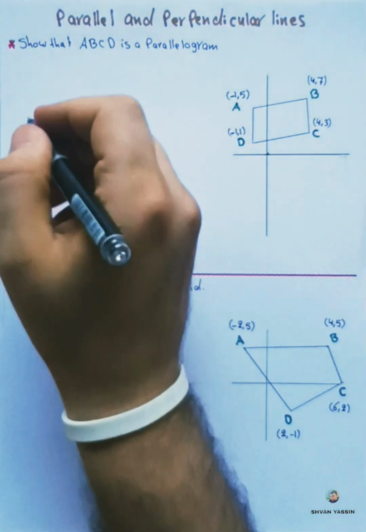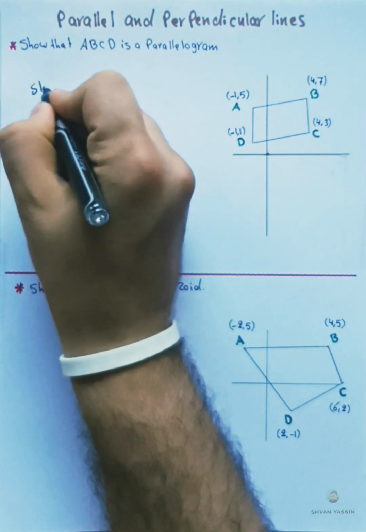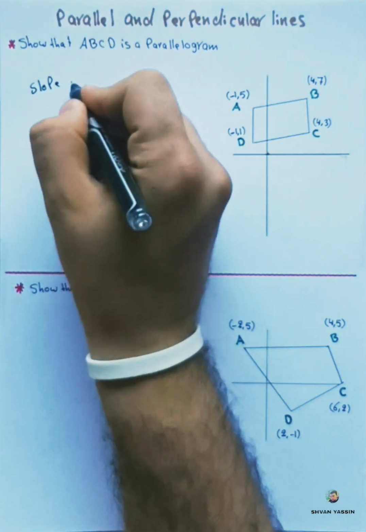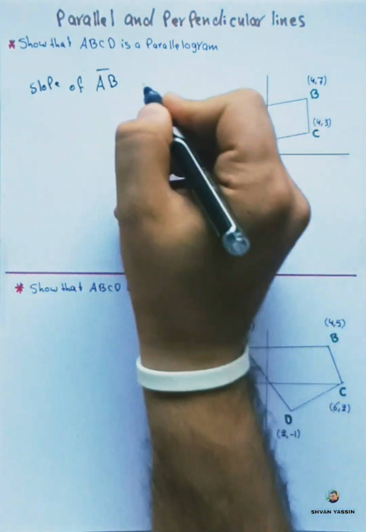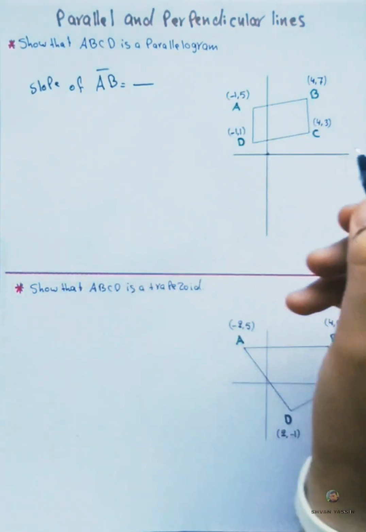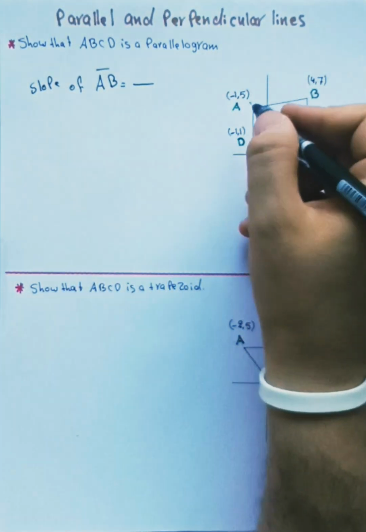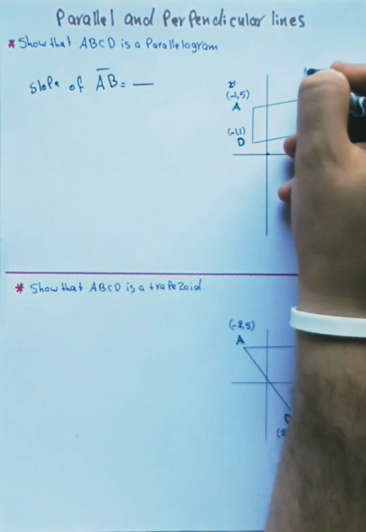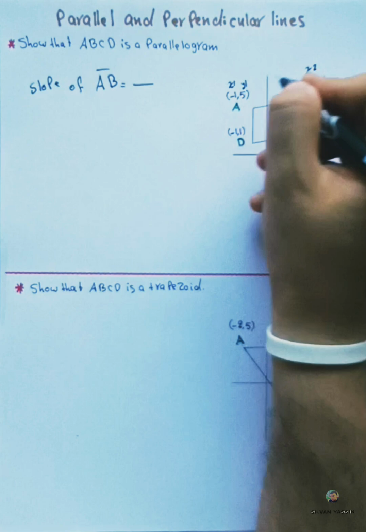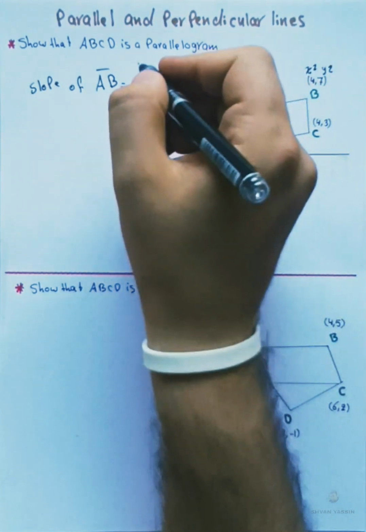So first, slope of AB line. So this is x1, x2, y1 and y2.